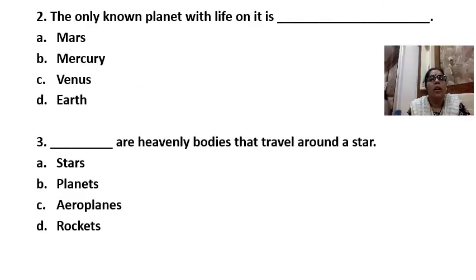The only known planet with life on it is dash. The options are Mars, Mercury, Venus, Earth. Take your own time. Do it slowly. Don't be in a hurry.